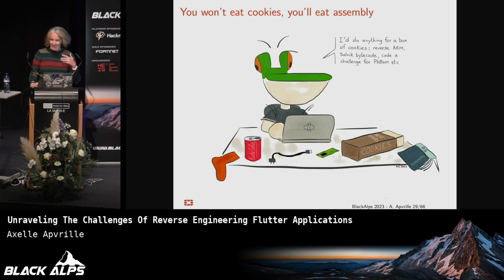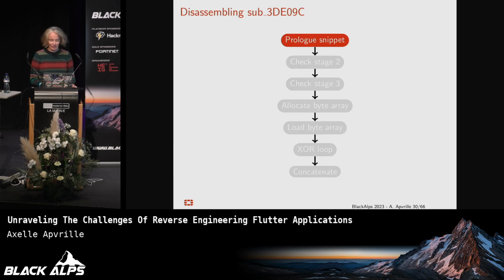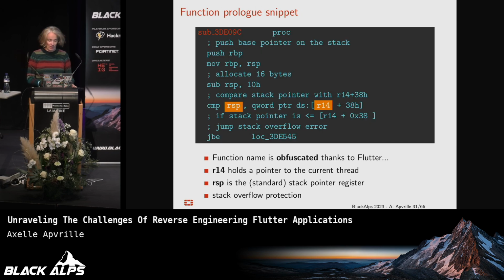Now you're going to eat a little bit of assembly, but I'm going to try and make it as digestible as possible. So we go in that function, which is actually using our stage 1 flag. The beginning of this function, if you're used to disassembling, is not very new. It's just the typical prologue for routines.